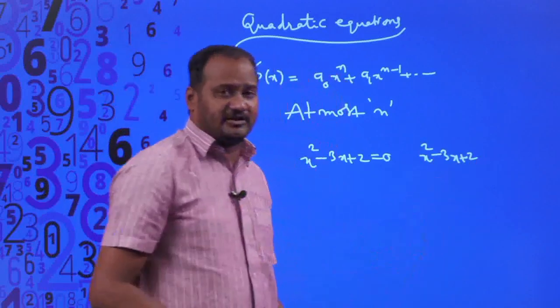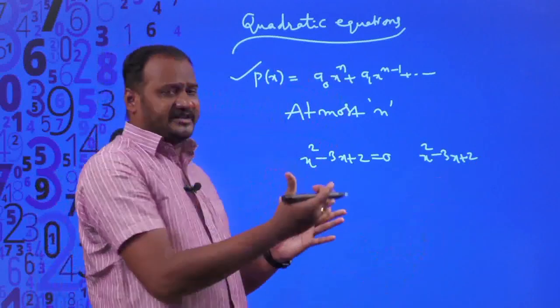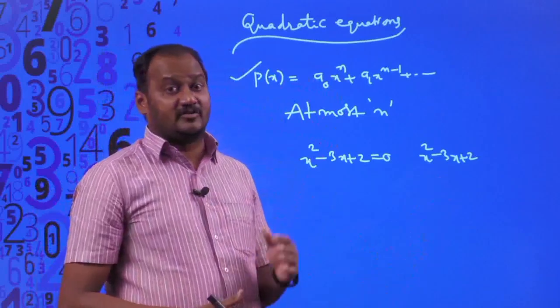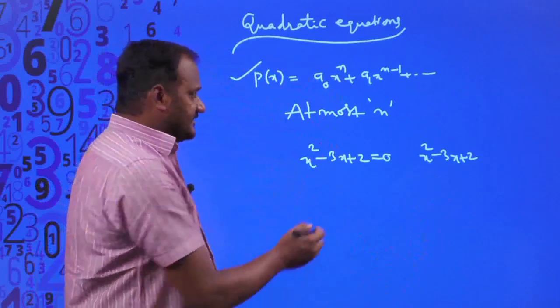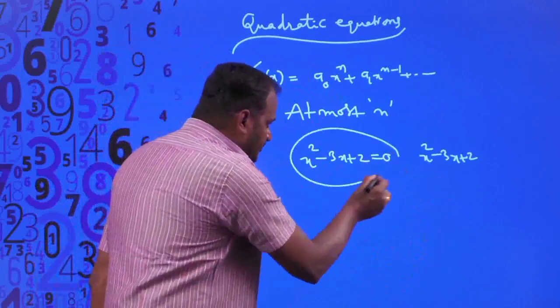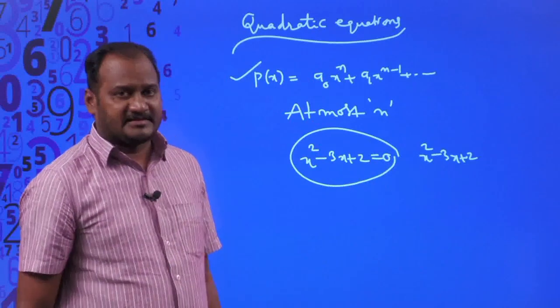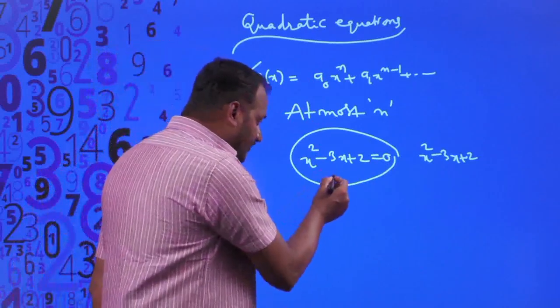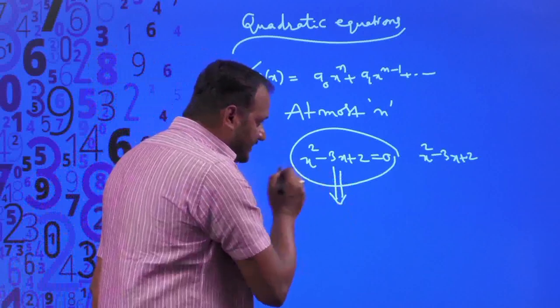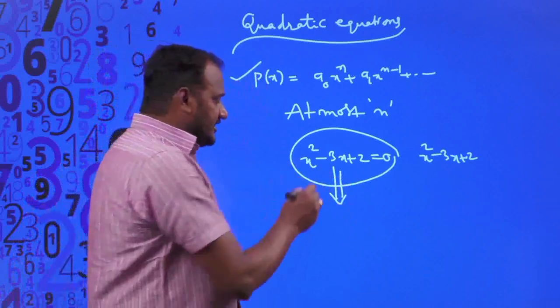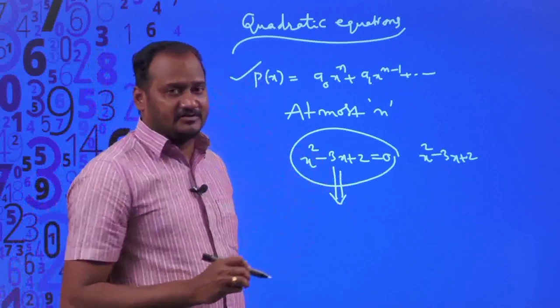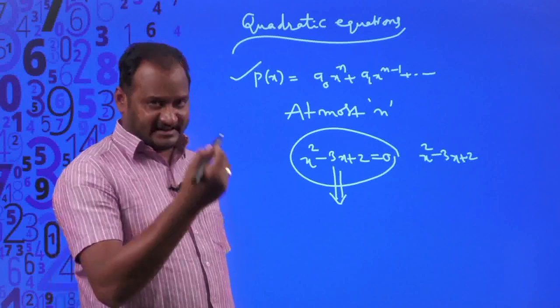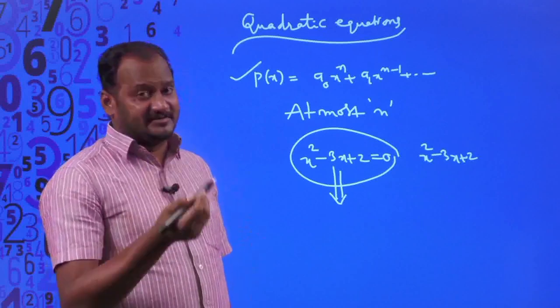What is the difference between a quadratic polynomial equation and a quadratic expression? See here, something is equal to 0. Something is equal to 0 means there is an unknown. That unknown over here is x. So this unknown can be found out by the factorization method or by any algebraic method.